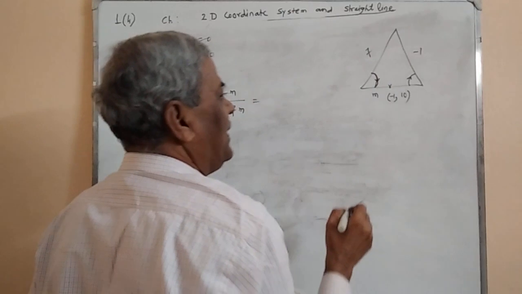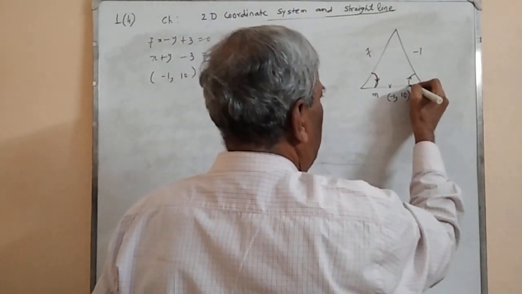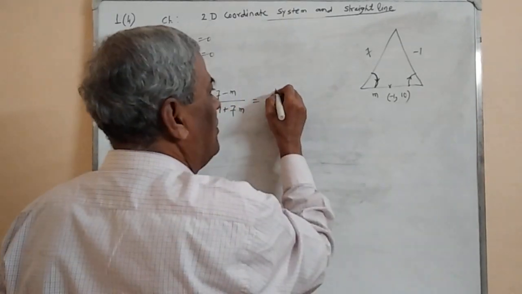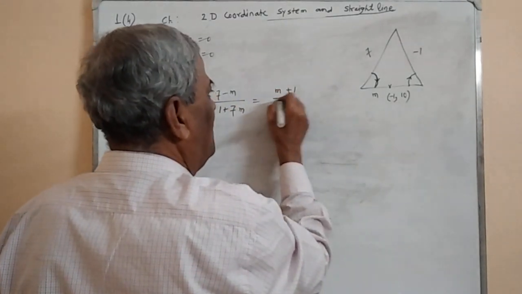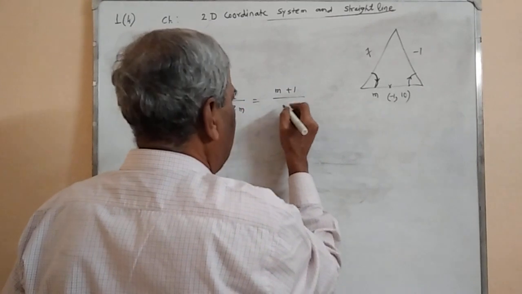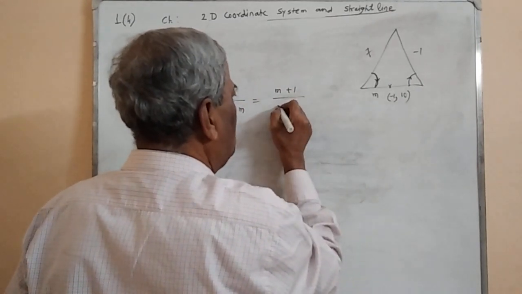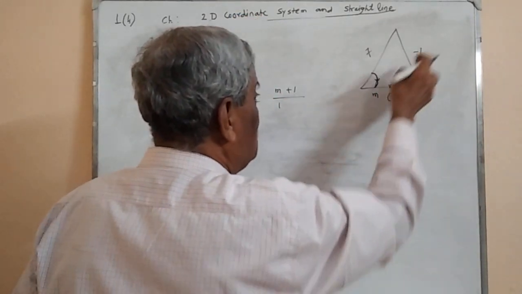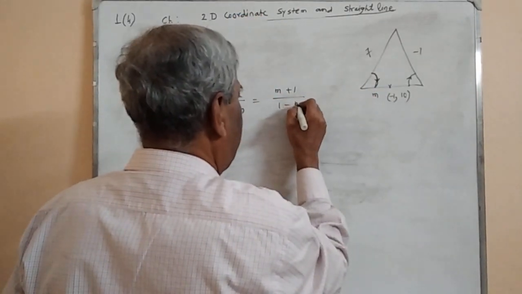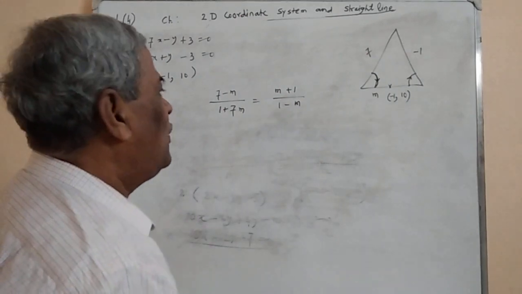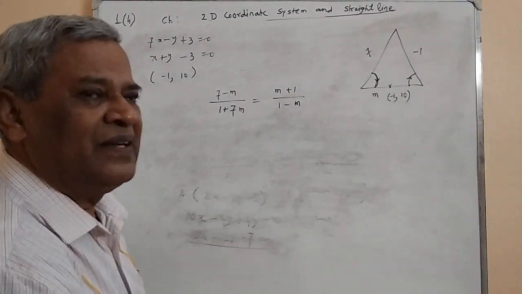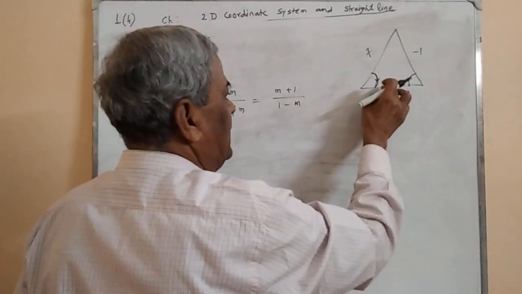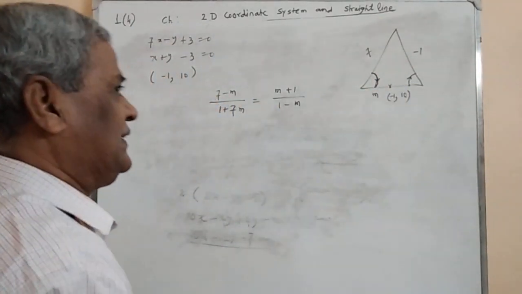Now for this angle, start from this, then to that, that is m minus (minus 1) by 1 plus m1 m2, where m1 m2 is minus m. Now solving this, we can very easily obtain two values of m, meaning the gradient of this base. So there are two such bases.